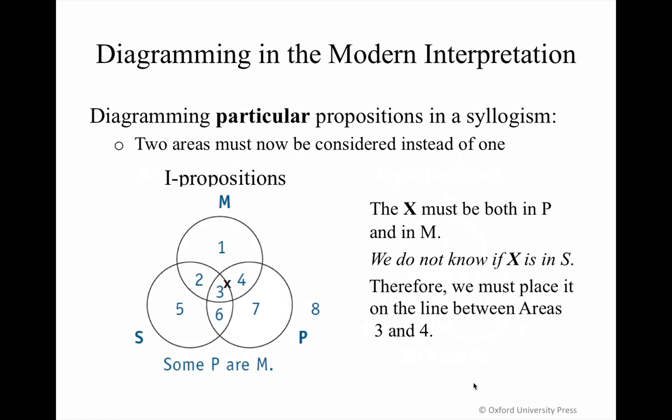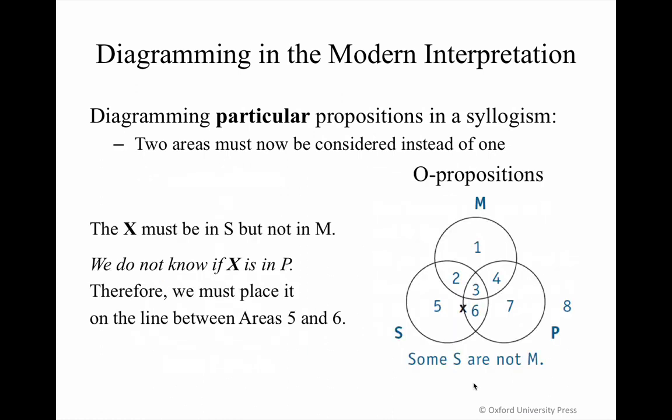So by putting the X on the line, you're saying the X may be in 4 but not in 3, or it may be in 3 but not in 4. This will be crucial depending on what the other premise is in determining the validity of the argument.